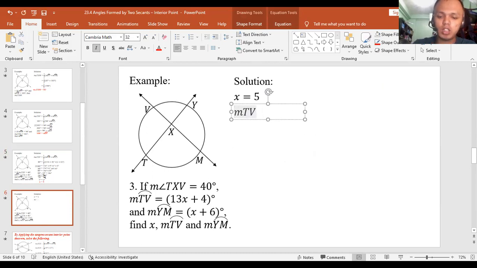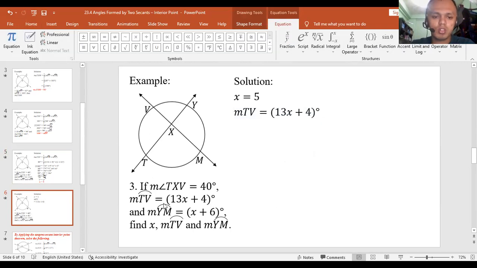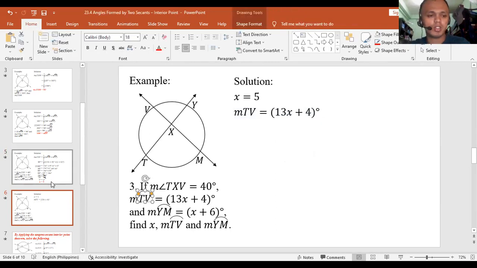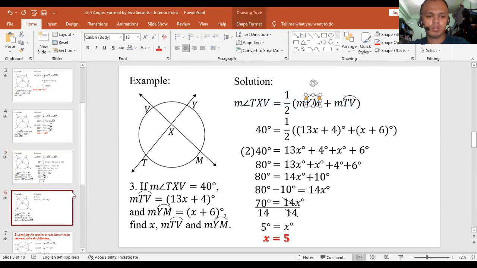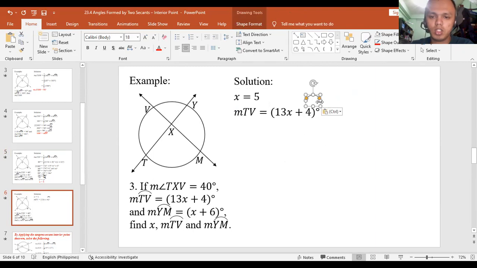Measure of arc TV here is equal to 13x plus 4 degrees. So that is its value. Let's put an arc symbol, I forgot to put it.